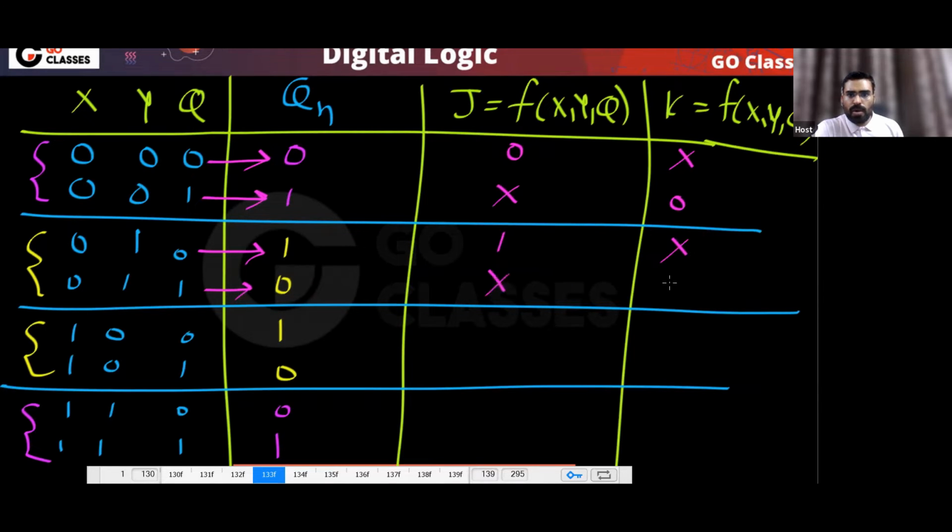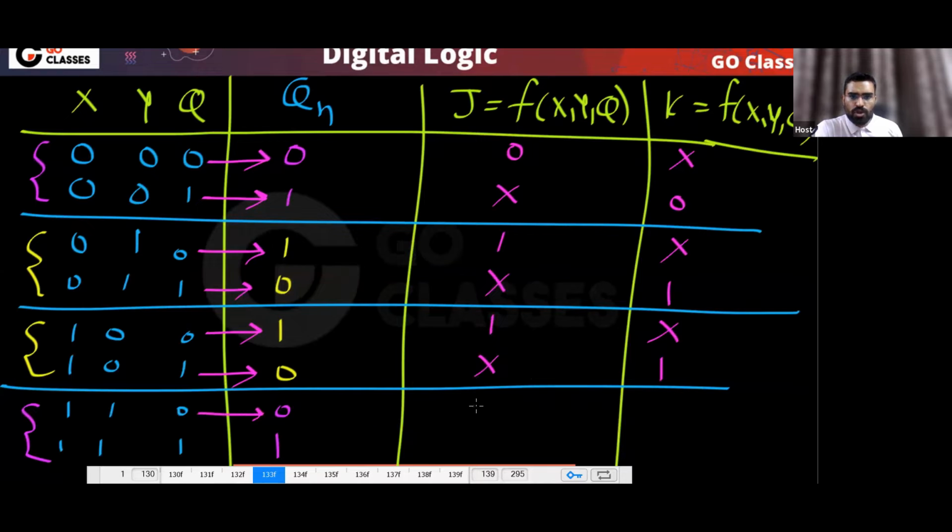If you go from 0 to 1 again, it is 1 comma don't care. If you go from 1 to 0, it means don't care comma 1.